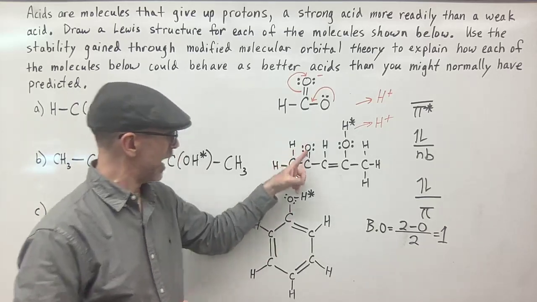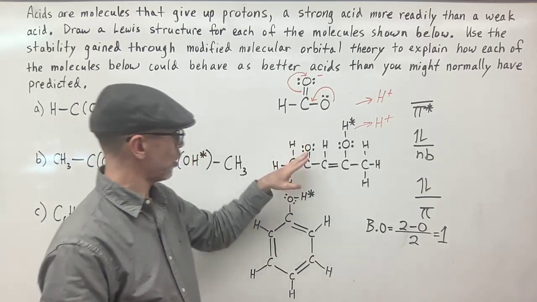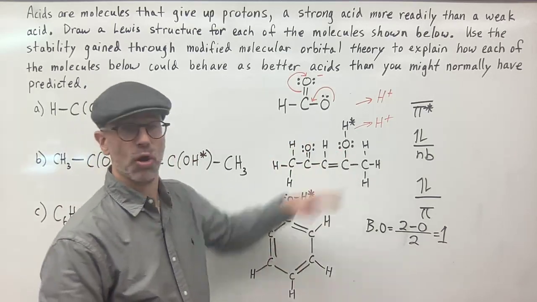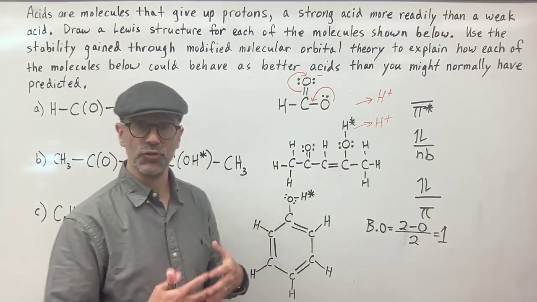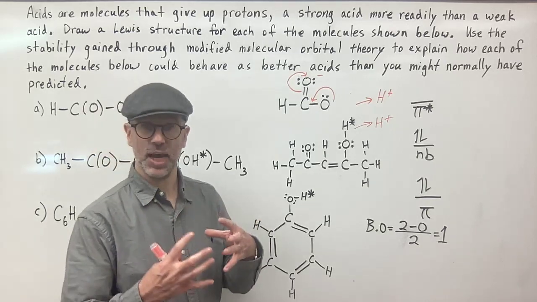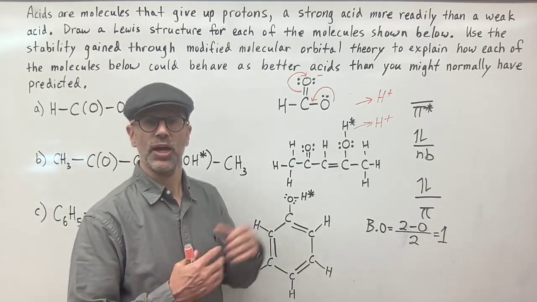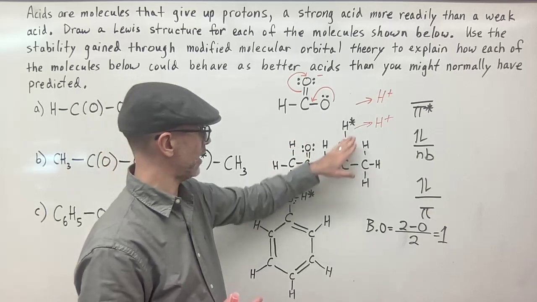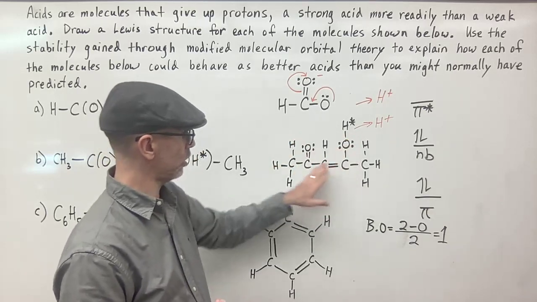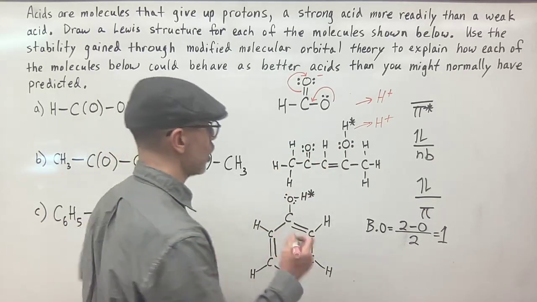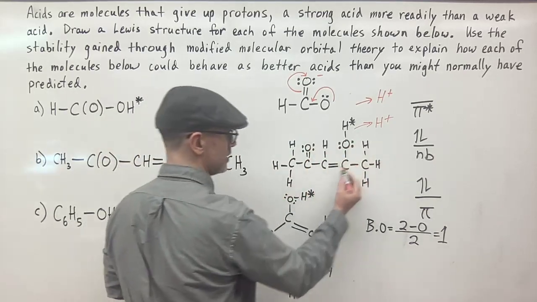So that's going to allow for the unhybridized p orbitals to interact with each other to form molecular orbitals. And then the electrons that are in those molecular orbitals can then be delocalized, and the electron density is shared along all of these atoms. And so that's going to stabilize this molecule.